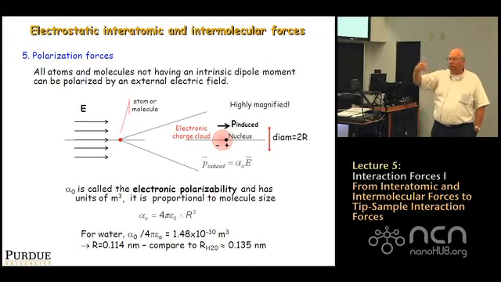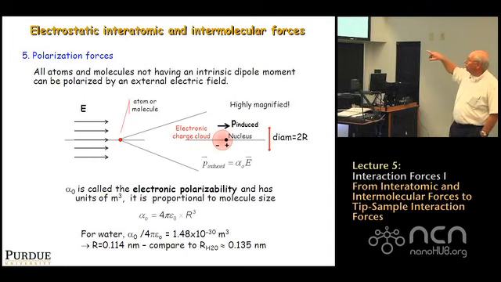You can go to the web and look up values for alpha zero. There are tables of these things; they've been measured. If you work through the detailed theory, alpha zero turns out to be proportional to the radius cubed of the atom or molecule, to a first approximation.